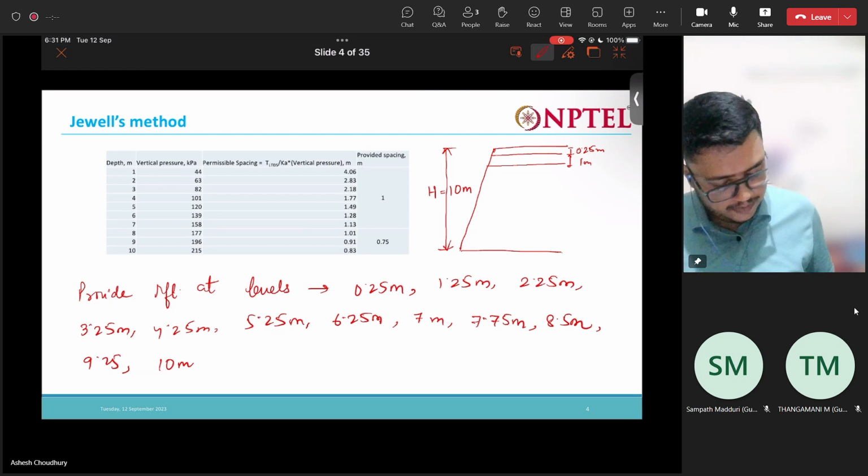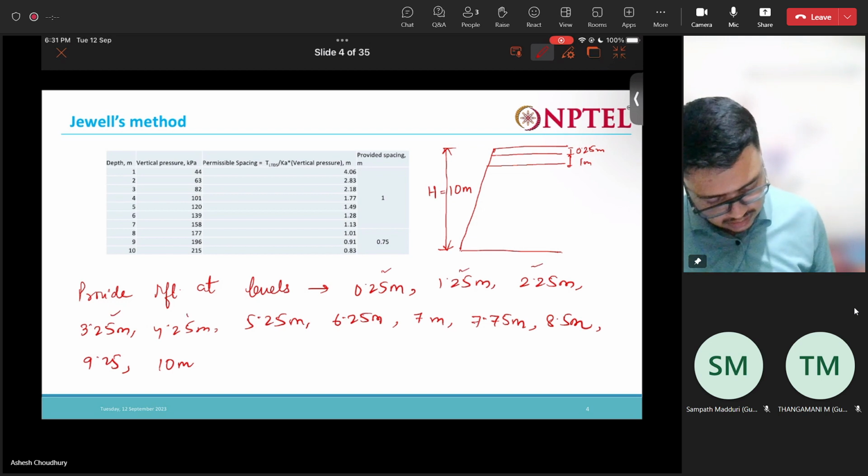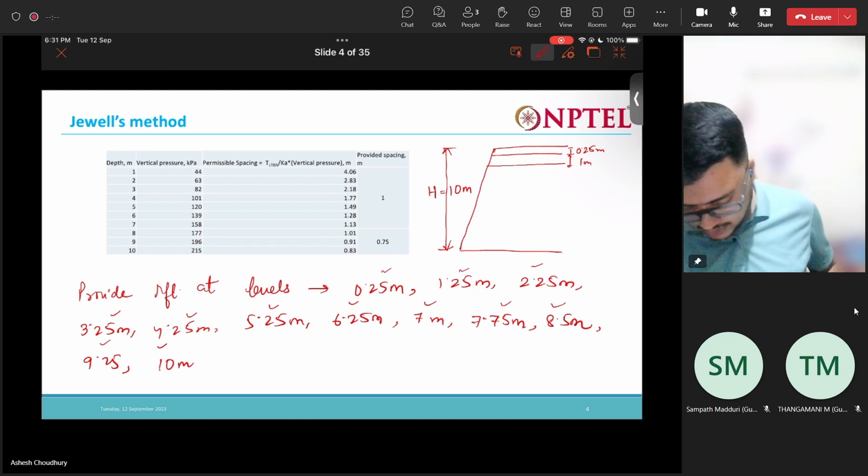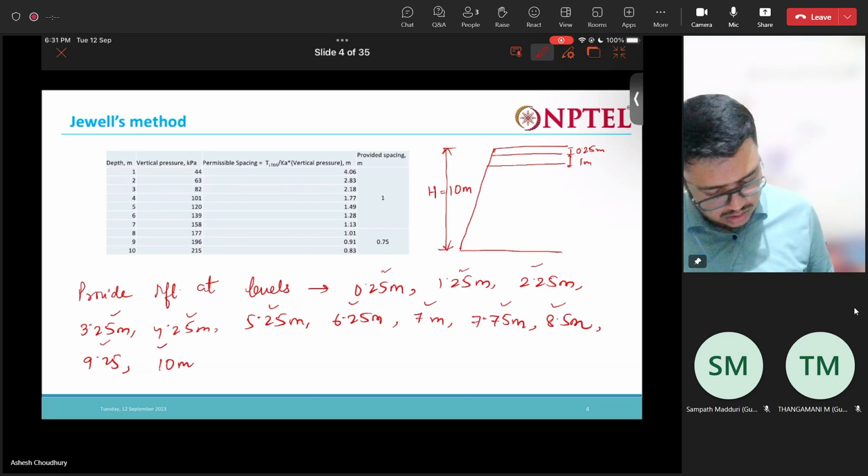So how many reinforcement layers in total are we providing? 1, 2, 3, 4, 5, 6, 7, 8, 9, 10, 12, right? So 12 layers we are providing.